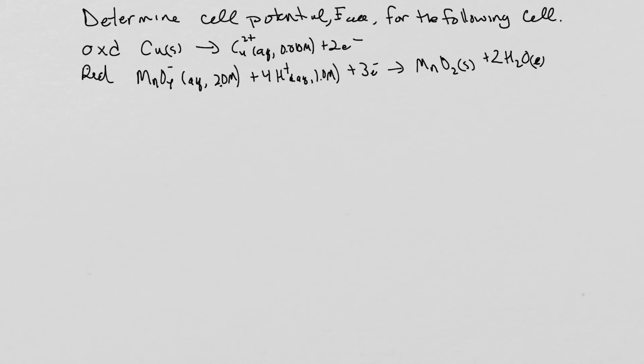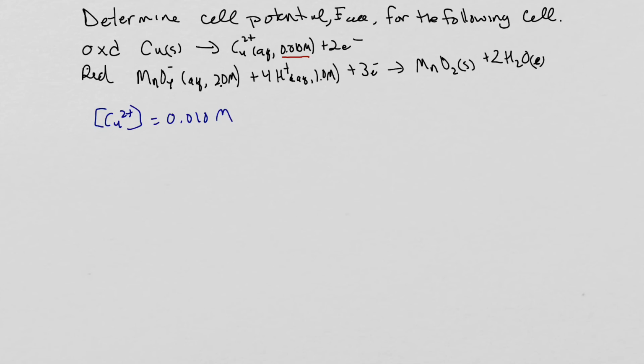Now, the thing to note is oftentimes when they give us these kinds of non-standard conditions, they will list the concentrations with the ion. So they'll tell us that the copper ion is aqueous, and they'll give us the concentration. So the concentration here of copper equals 0.010 molar.